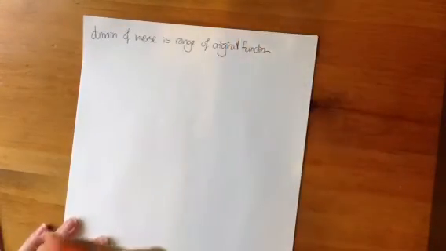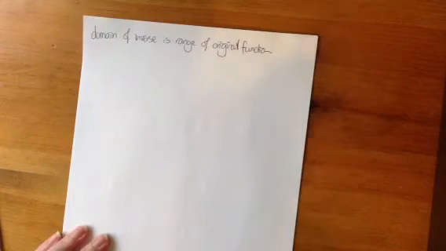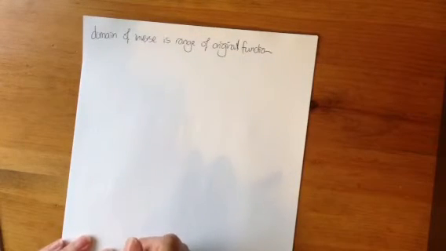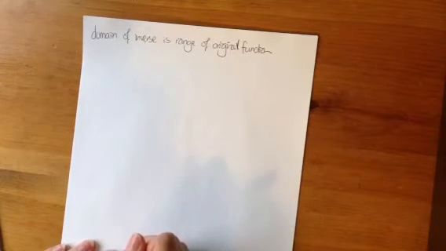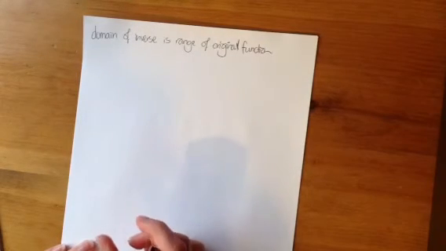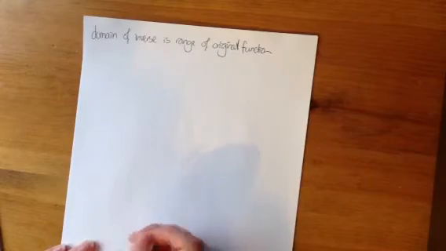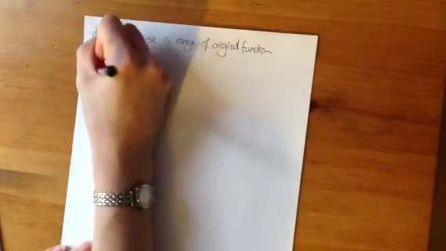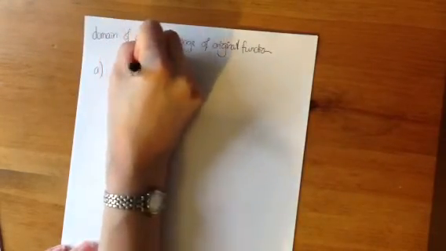What I'd suggest you do now is try plotting some of these graphs and their inverses on the same set of axes and see if you can see the relationship between what the function was and its graph and the inverse graph. So I would suggest you do x plus 2.